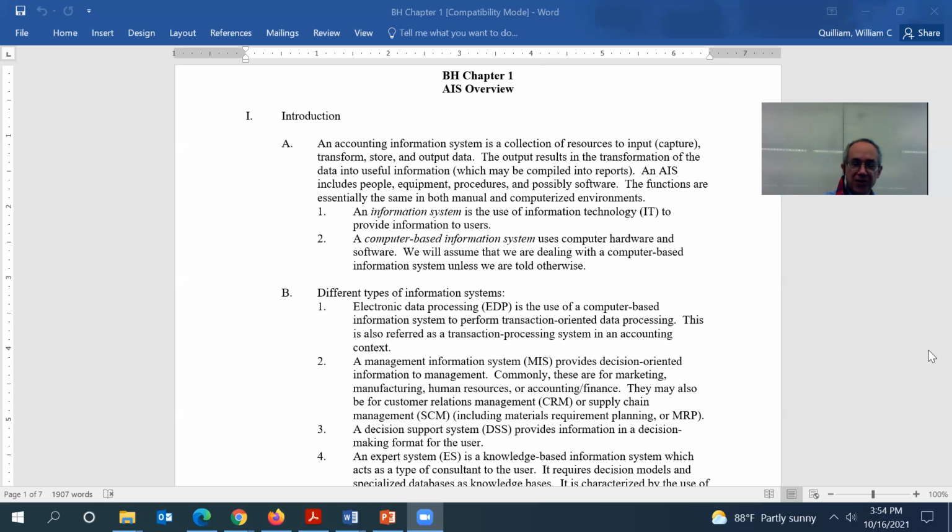Then management information system, MIS, provides decision-oriented information to management. So let's transform that data and help management make some decisions. Commonly, these are for marketing, manufacturing, human resources, or accounting and finance. They may also be for customer relations management, CRM, or supply chain management, SCM, including materials requirements planning, or MRP.